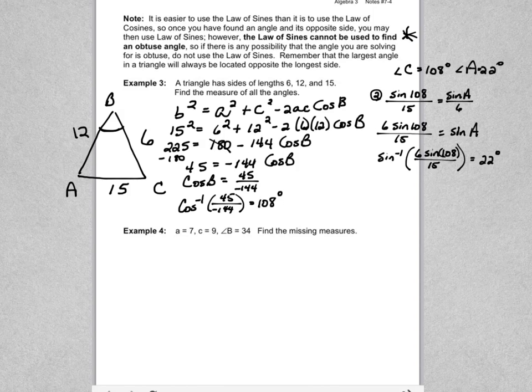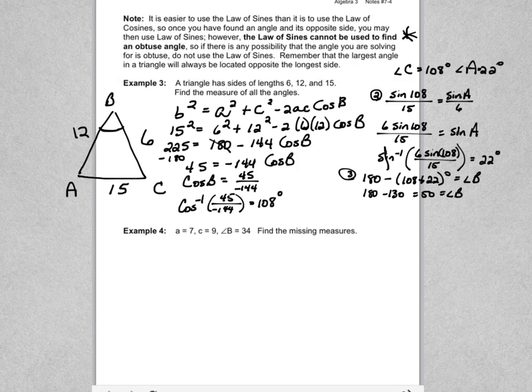And the last thing we can do then is, we know two angles, so we just subtract from 180 to find the third. So 180 minus (108 plus 22) is going to equal angle B. So that's 130, 180 minus 130, and that equals angle B. So angle B is 50 degrees.